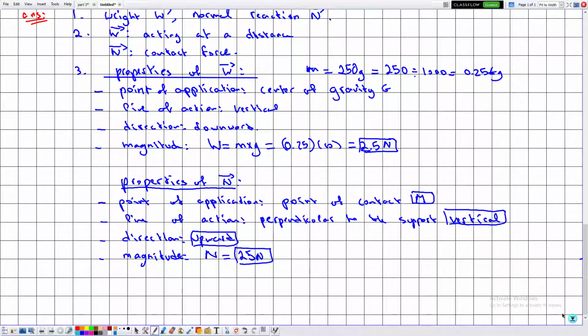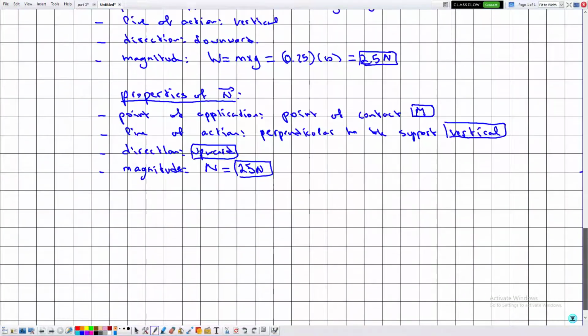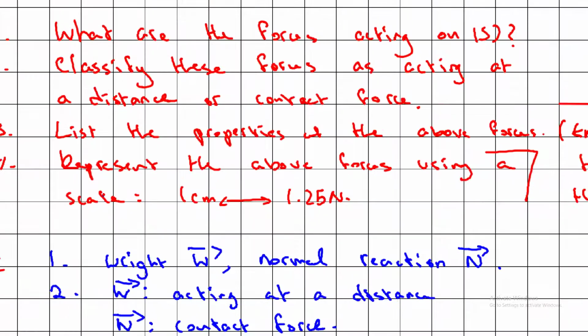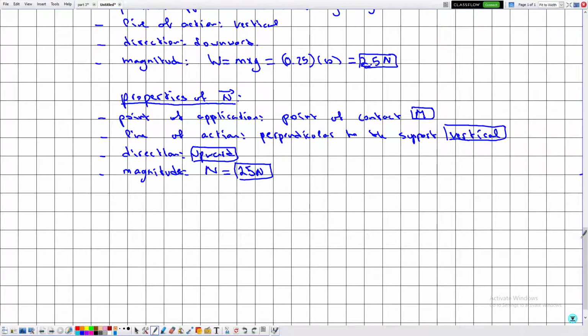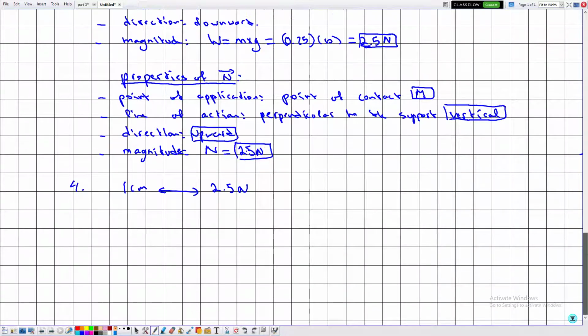Now what is left in number 4 is to represent the above forces using a scale. 1 centimeter corresponds to 1.25 newtons. So sorry, this is 2.5. Knowing that each 1 centimeter corresponds to 2.5 newtons, and by represent it means that we need to draw, and in order to draw we need to determine the length of these vectors.